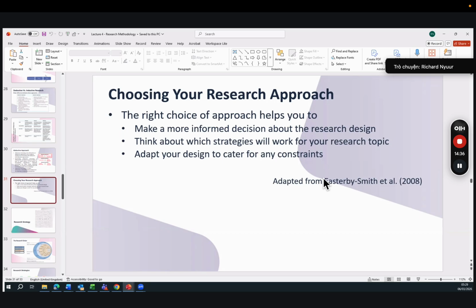So you need to make sure that you are selecting the appropriate philosophies and the appropriate research approaches that align with the philosophies.